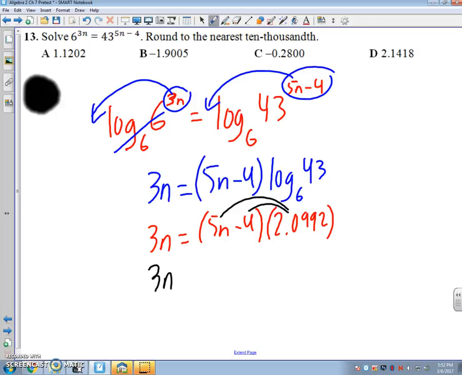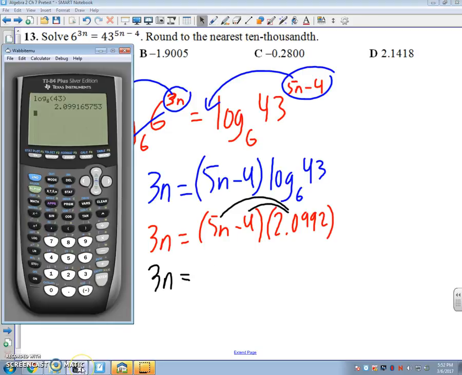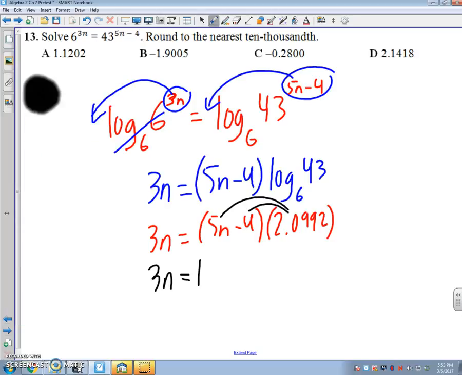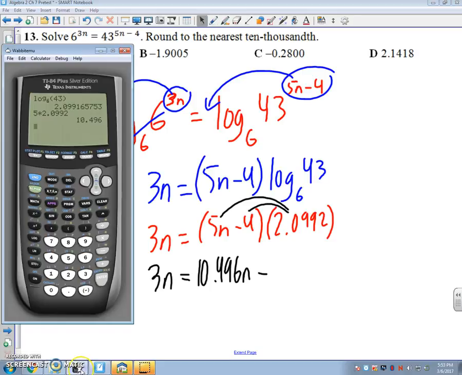So 3n equals 5n minus 4 times 2.0992. What's this? 5 times 2.0992 gives you 10.496, so 10.496n, minus 4, or really negative 4 times 2.0992, which is negative 8.3968.